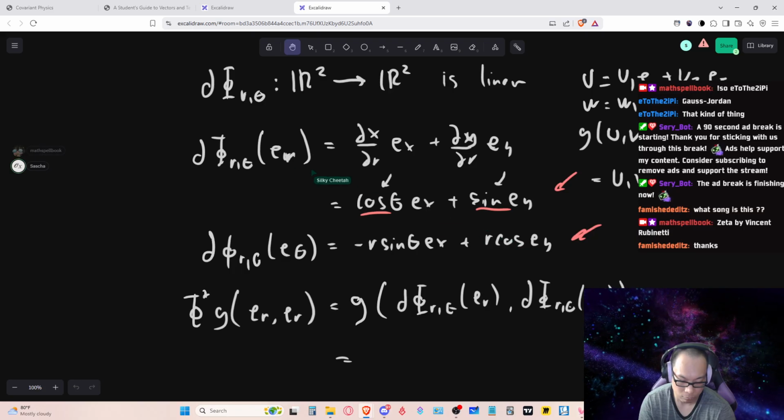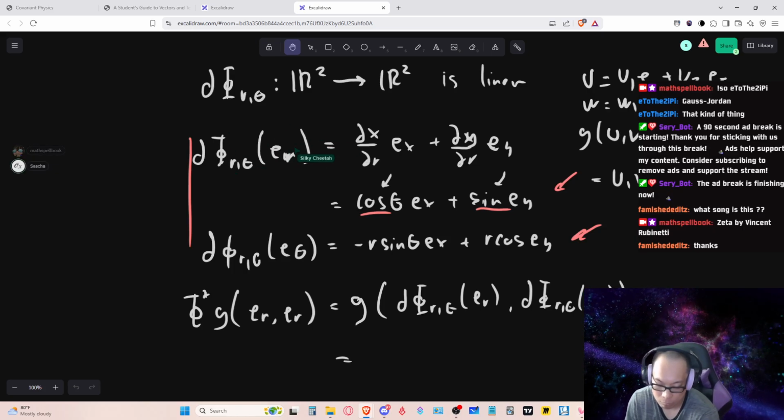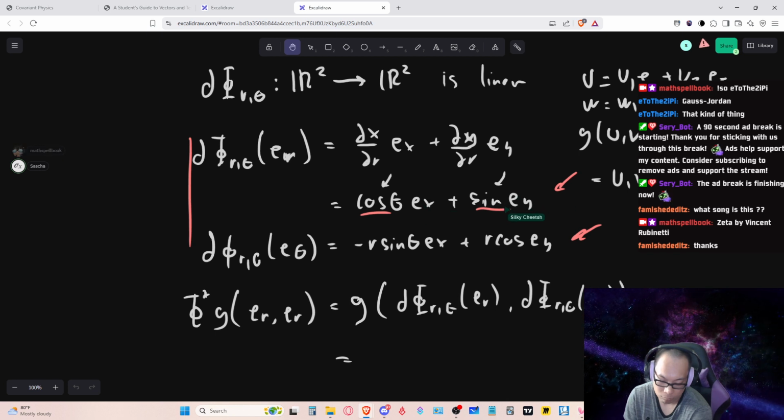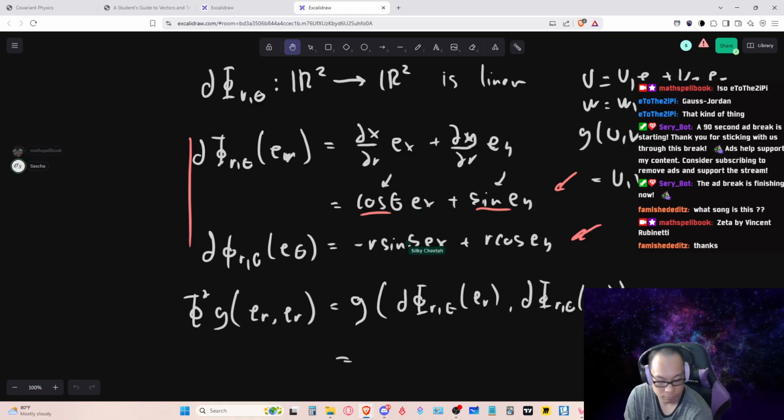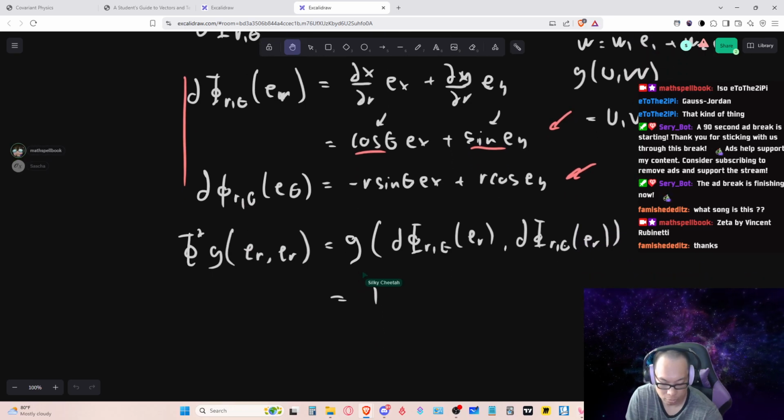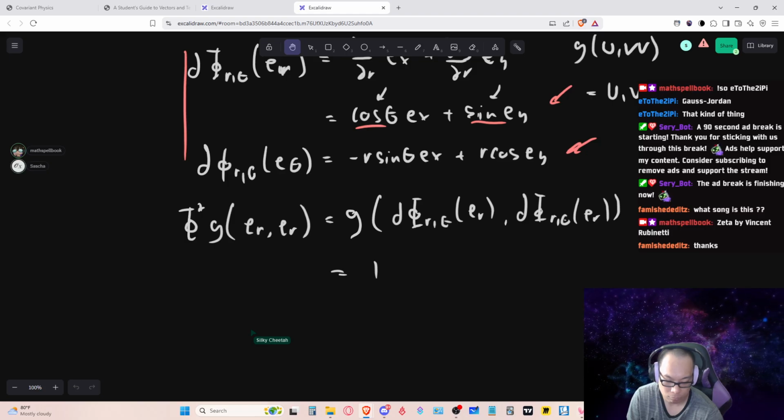What we did in the computation above is exactly that. We push the ER along the differential, and we have its expression in the EX and EY basis, right? If I want to compute the length of a vector in the standard metric, I just take those two coefficients and square them, just Pythagoras theorem. So here I just get 1.